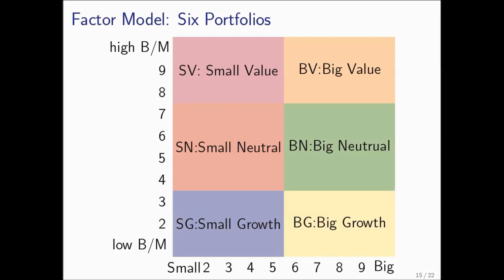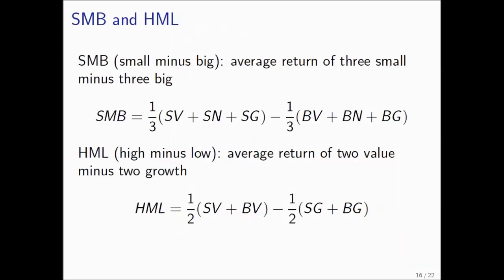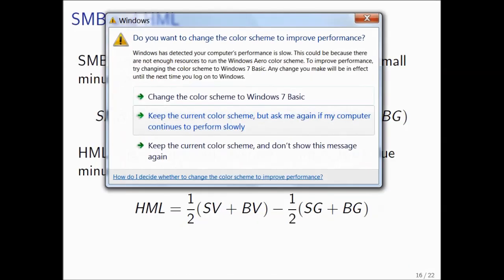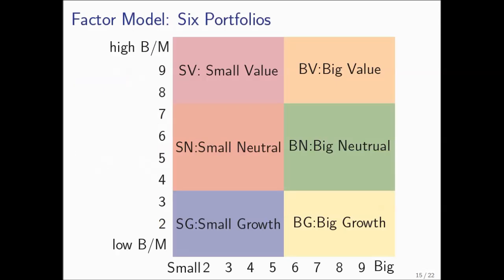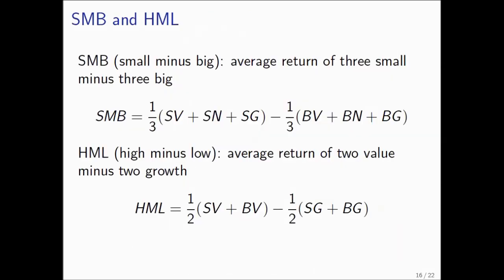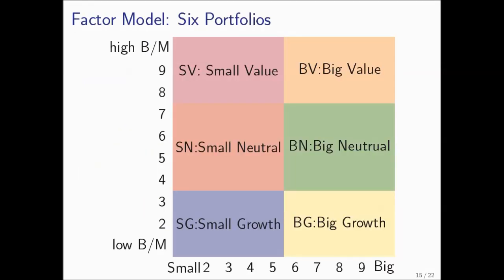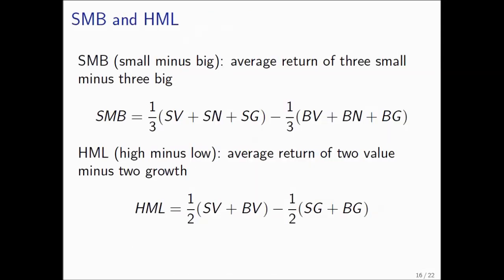So basically this is big, this is small, and this is value, neutral, and growth. SMB means small minus big, which is the average of the three small portfolios minus the average of the three big portfolios. And HML is high minus low, which is the average of the high value portfolios minus the average of the low value portfolios.